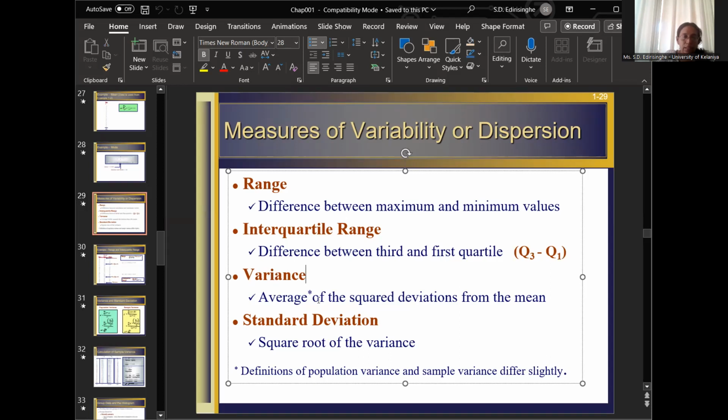There are several other measures we consider in business statistics, but here I am talking about only four: range, interquartile range, variance and standard deviation. If you need anything, you can write it now.